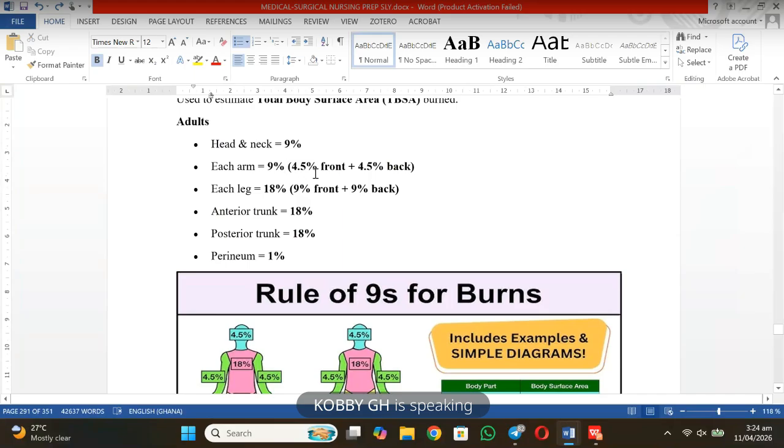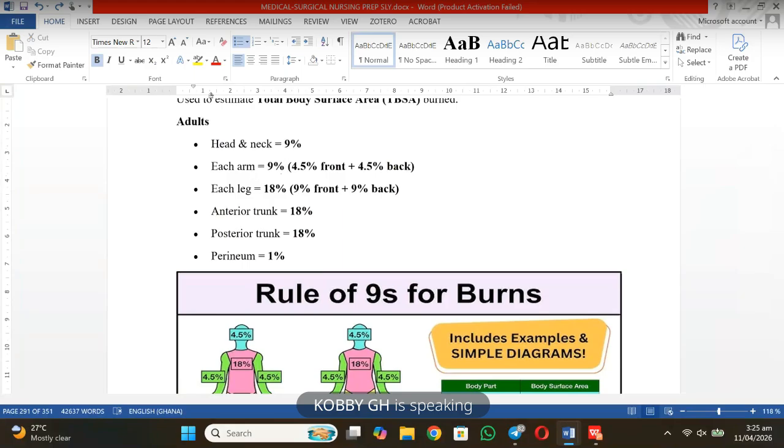If it is both the right and left arm, each is 9%. But if the examiner is specific, anterior right arm is 4.5%, and posterior right arm is also 4.5%. So take note.